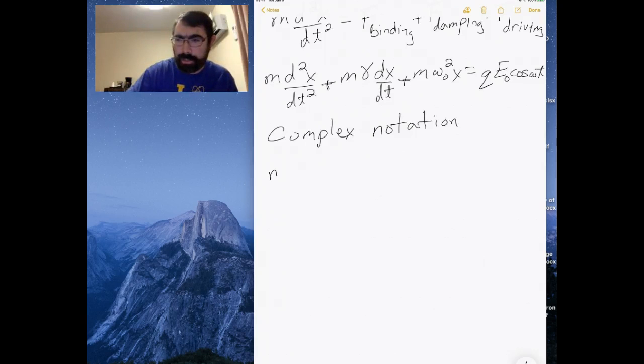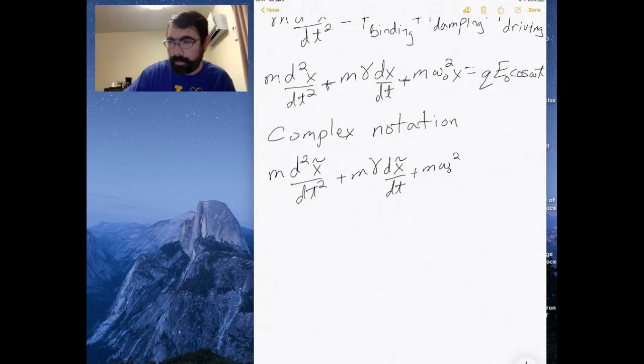And so when I do that, I get a complex function, x tilde, is equal to q E naught e to the minus i omega t.